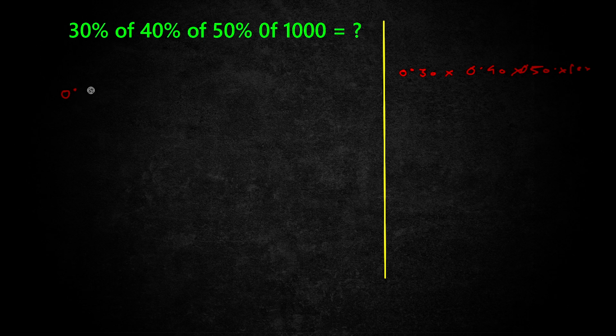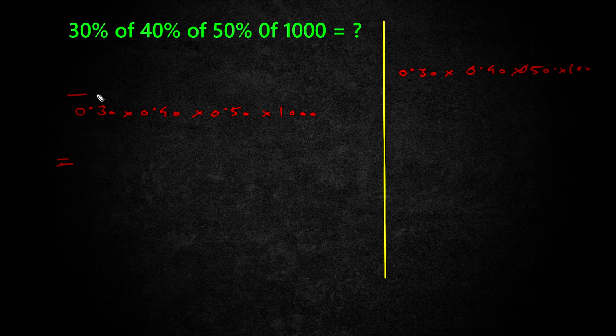About 80% of the students will prefer to proceed this way. It looks very fast, but it's not the fastest. Now it's time for calculation. You can do left to right or right to left, it doesn't matter.